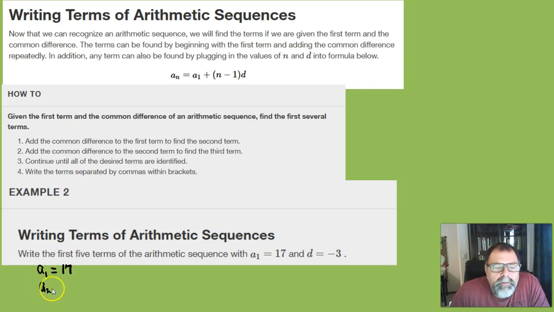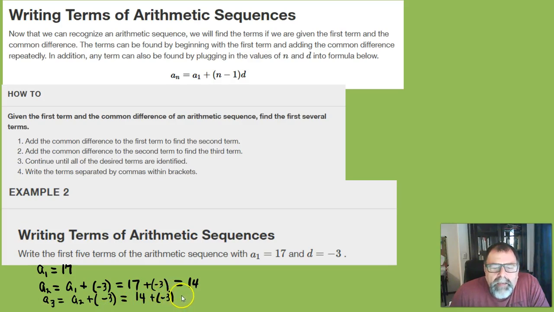So a sub 2 is going to be a sub 1 plus negative 3, so 17 plus negative 3 is 14. And then we add negative 3 to that one, so a sub 2 plus negative 3, which is 14 plus negative 3. You just keep adding negative 3.